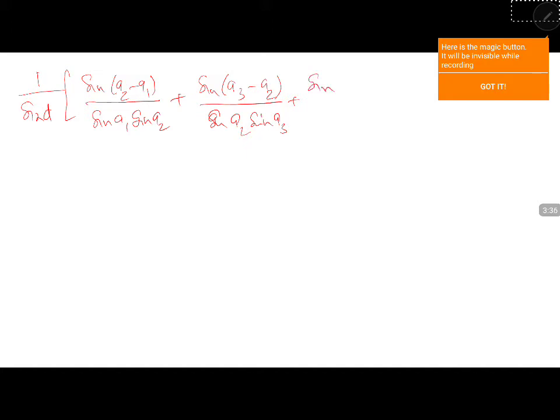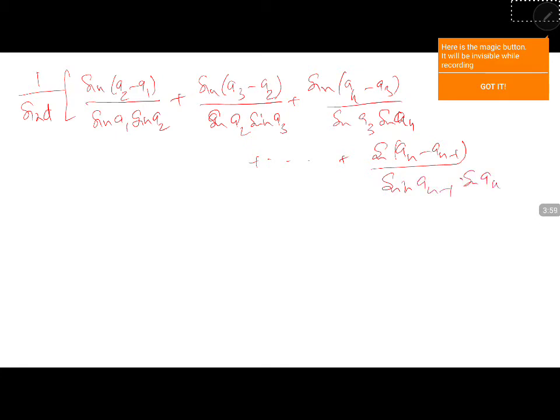Then you have sin(A4 minus A3) by sin A3 sin A4. It goes on like this up to the last one: sin(AN minus AN minus 1) by sin A(N minus 1) into sin AN.